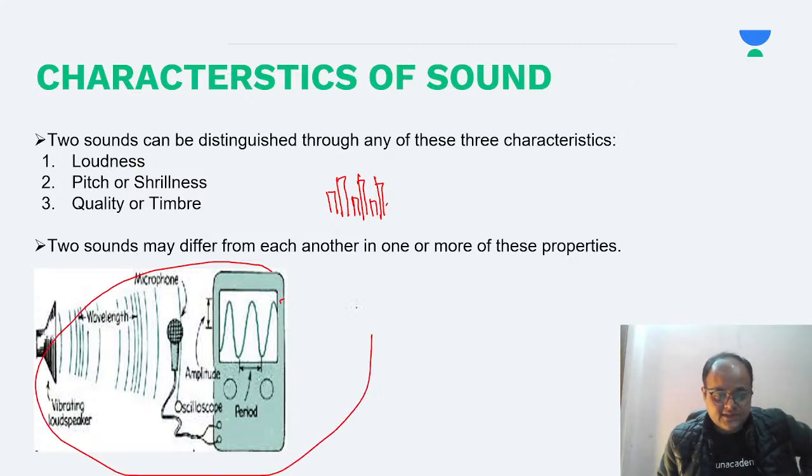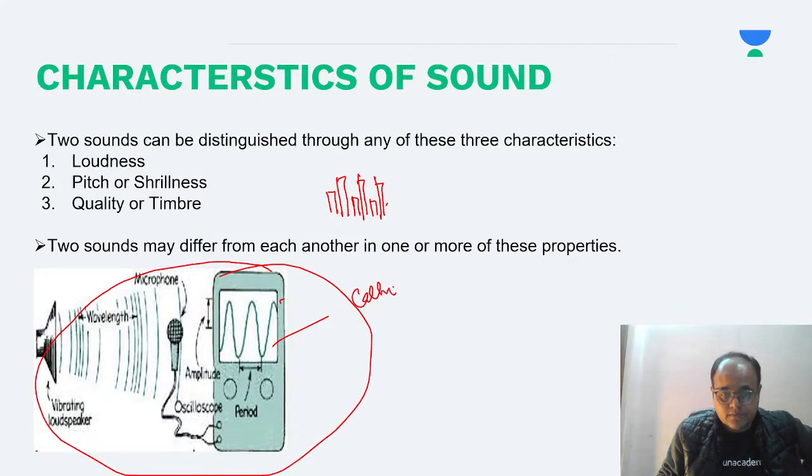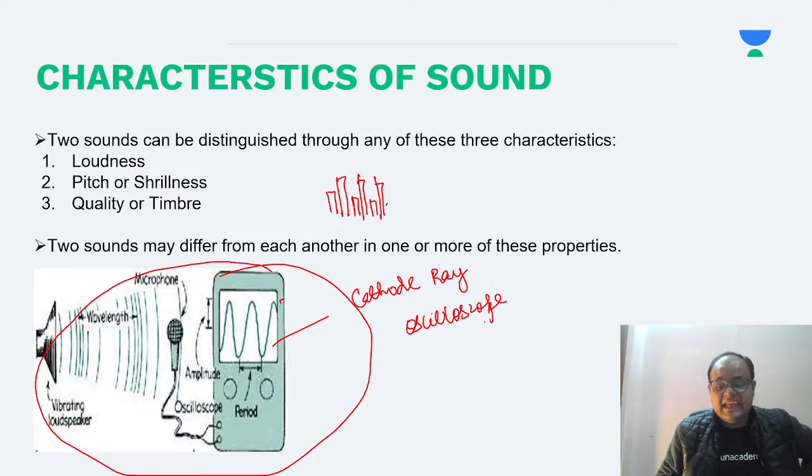This is a CRO. CRO is a cathode ray oscilloscope. Let me brief you about this. It is a cathode ray oscilloscope, and what it does is, it creates the waveform for the input signal. Yes, it does create a waveform for the input signal.